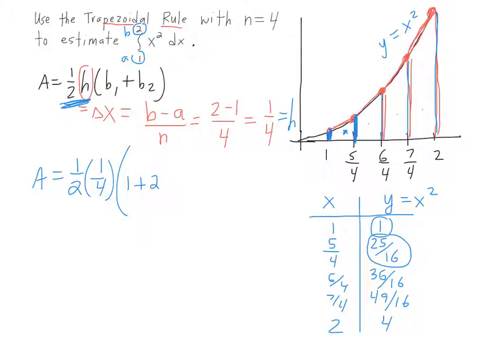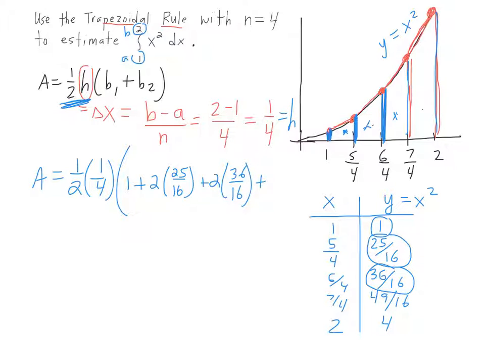It's going to be used in both of these trapezoids that are sharing it. So I'm going to do 2 times 25 over 16, plus this next base or height will get used 2 times. So that's the 36 over 16.